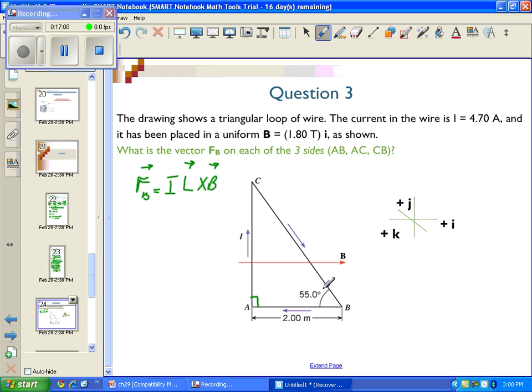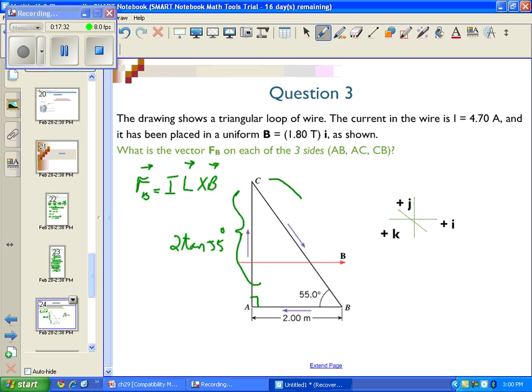Well, if you look over here, the tangent of 55 is equal to AC over AB. Well, AB is 2, which means the length AC is equal to 2 times the tangent of 55.